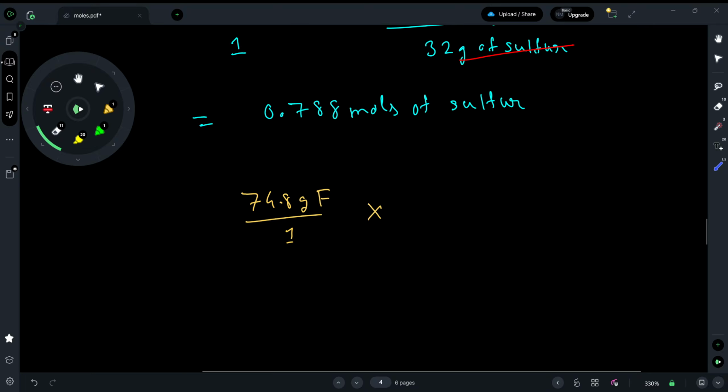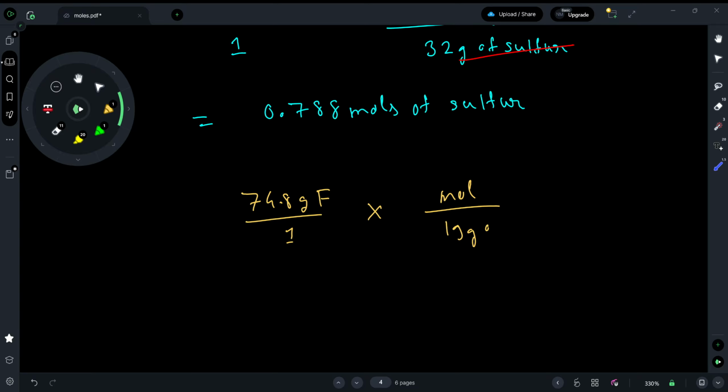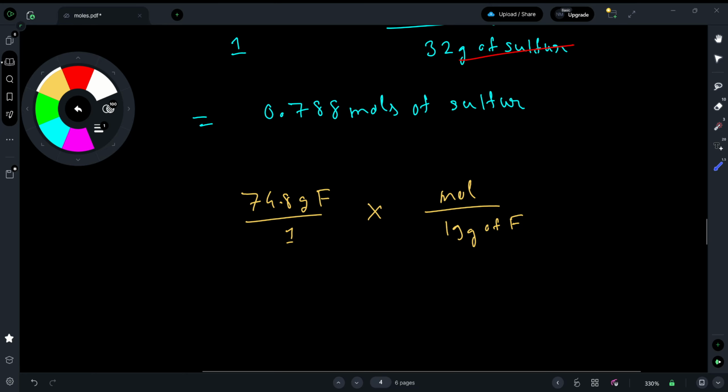Let's fix this. So per mole, 19 grams of fluorine. So we have grams of fluorine on the top and bottom, so we cut those, and we divide 74.8 by 19. 74.8 divided by 19, and you get 3.921.